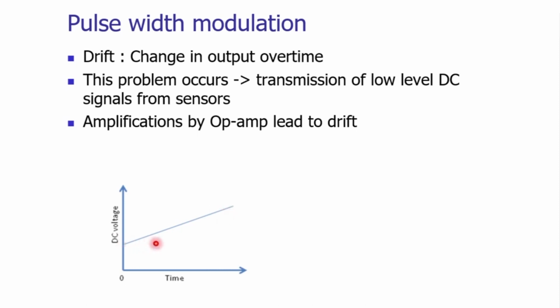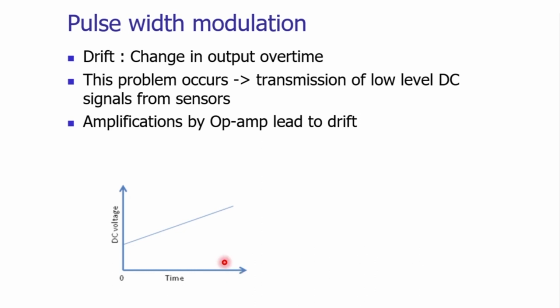We have instructed the microprocessor that the DC voltage at the end of a certain duration would be a certain constant value. But the operational amplifier is producing something else. Then in this situation, the microprocessor will take the wrong decision and that may harm the entire process.